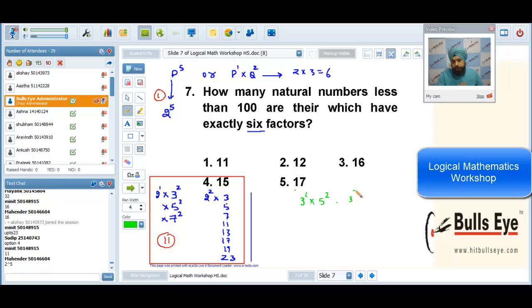And if we have 3 raised to power 2, this we can multiply with 5 or with 7 and even with 11. So guys, with the help of 3, how many values are we generating here? We are generating 4 such values.